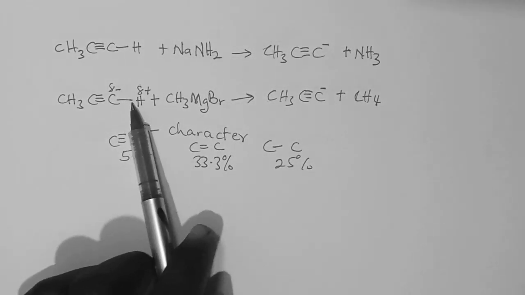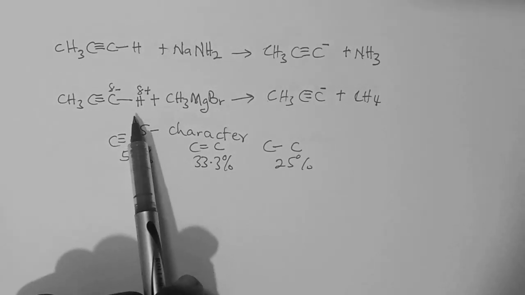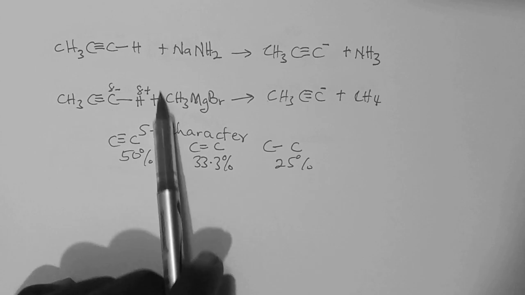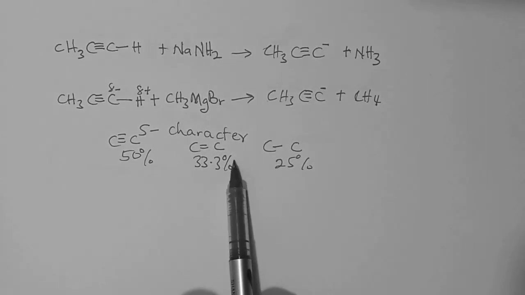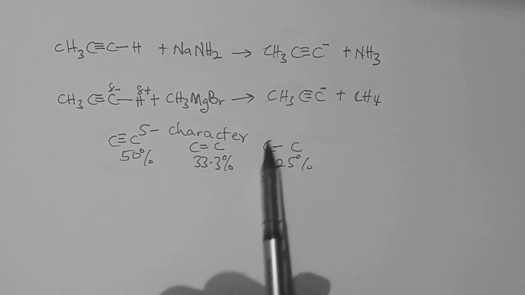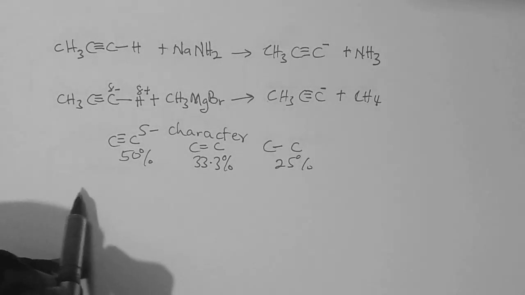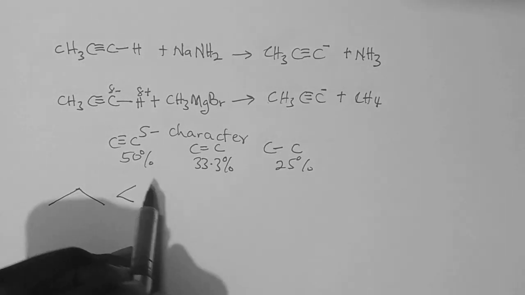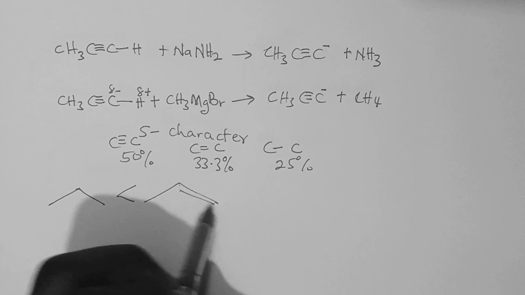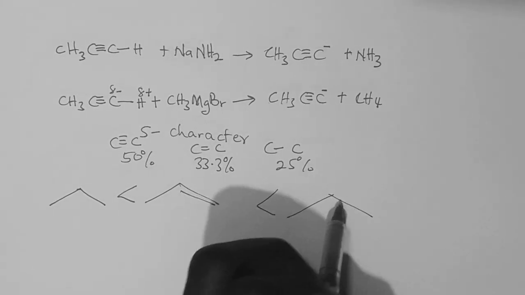This makes the proton easily leave, and because it can easily leave, alkynes are more acidic than alkenes, which in turn are more acidic than alkanes. For example, propane will be less acidic compared to propene, which in turn will be less acidic compared to propyne.